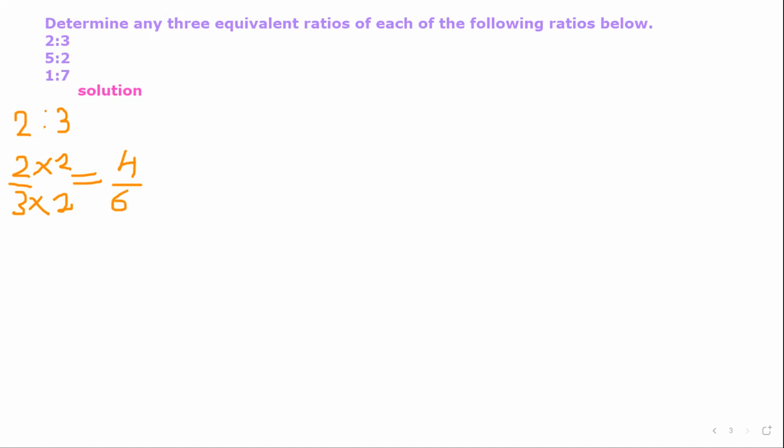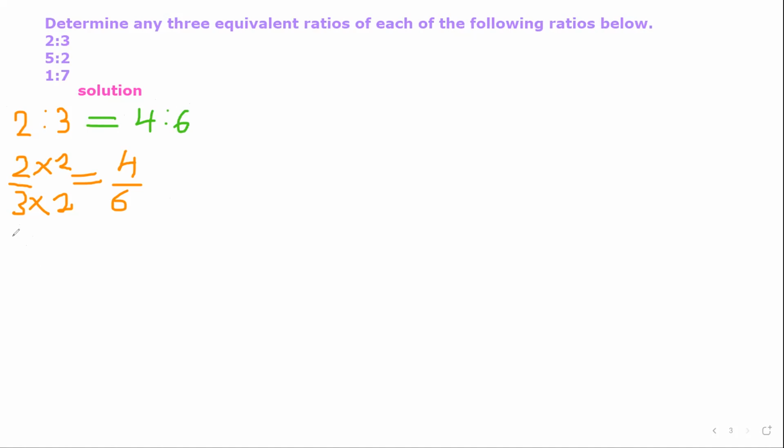So another fraction or ratio that will be equal to 2 to 3 here is what? 4 to 6. Okay. You can also think about other counting numbers to multiply the ratio by to get another equivalent or equal ratio.